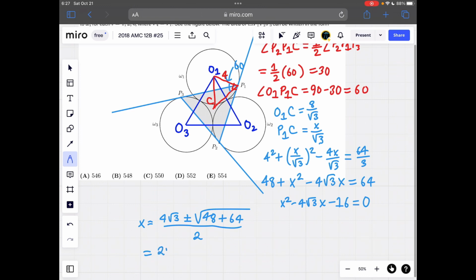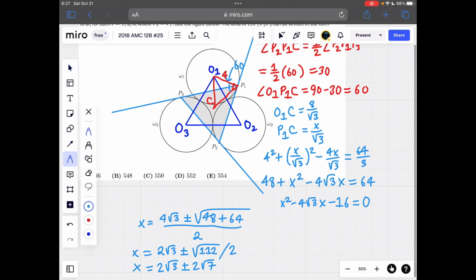So this is equal to 2 root 3 plus or minus the square root of 112 over 2. And the square root of 112 is 4 root 7. So if we divide 4 root 7 by 2, we get plus or minus 2 root 7. And that's equal to x, which is the side length of triangle P1P2P3.